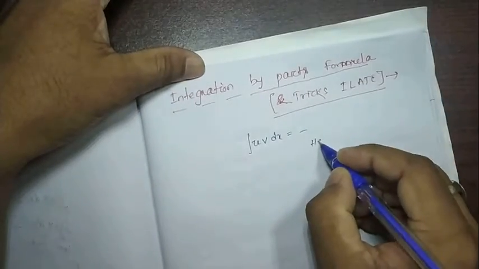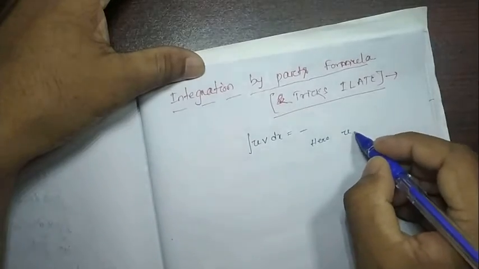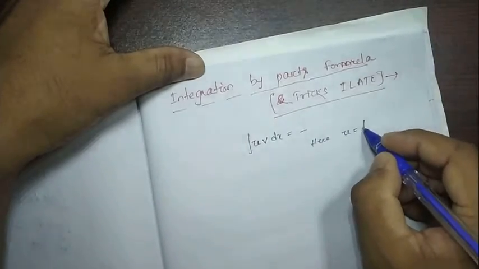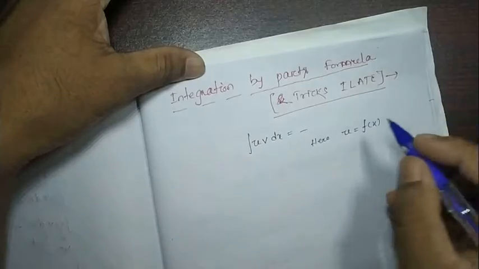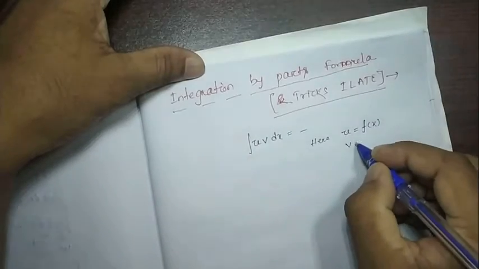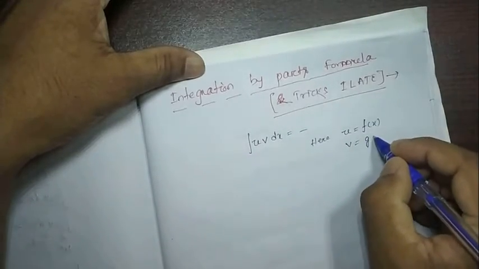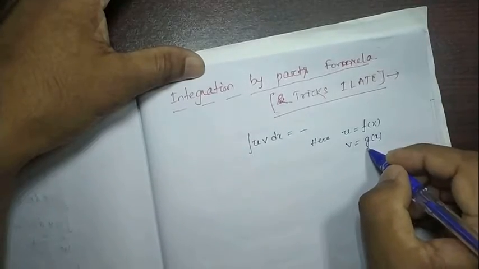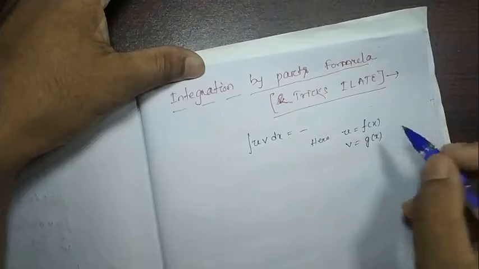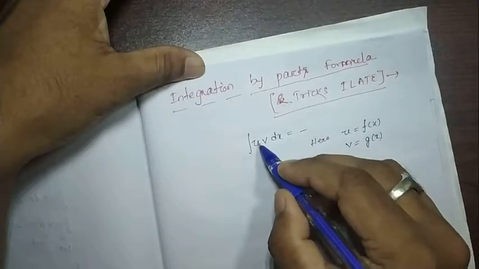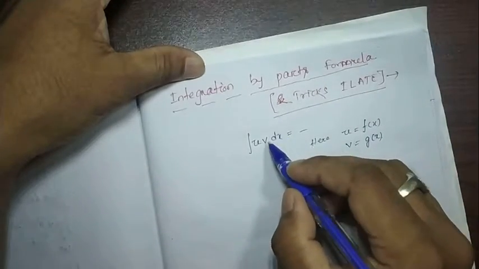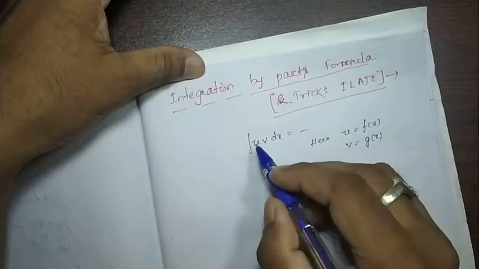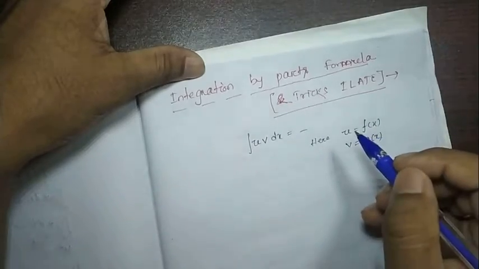Here u is a function of x, let it be f(x), and v is also a function of x, let this be g(x). That means u and v, whatever we take, both have to be functions of x.